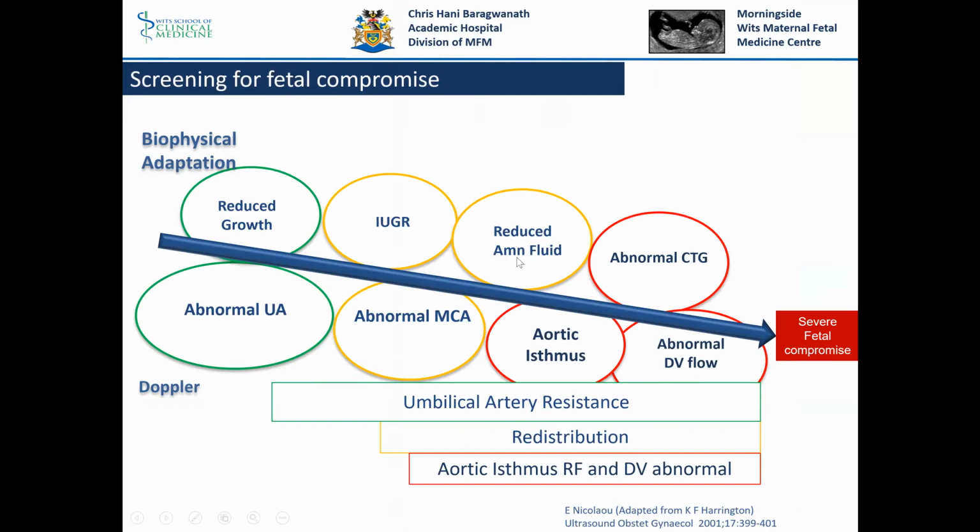At the same time, the body of the fetus tries to protect the vital organs, such as the brain and the heart, and neglects the kidneys, and therefore underperfusion of the kidneys will lead to oligohydramnios. Eventually the baby starts being compromised, and that's where the CTGs become abnormal, and this baby then needs to come out, otherwise the baby may end up being damaged.